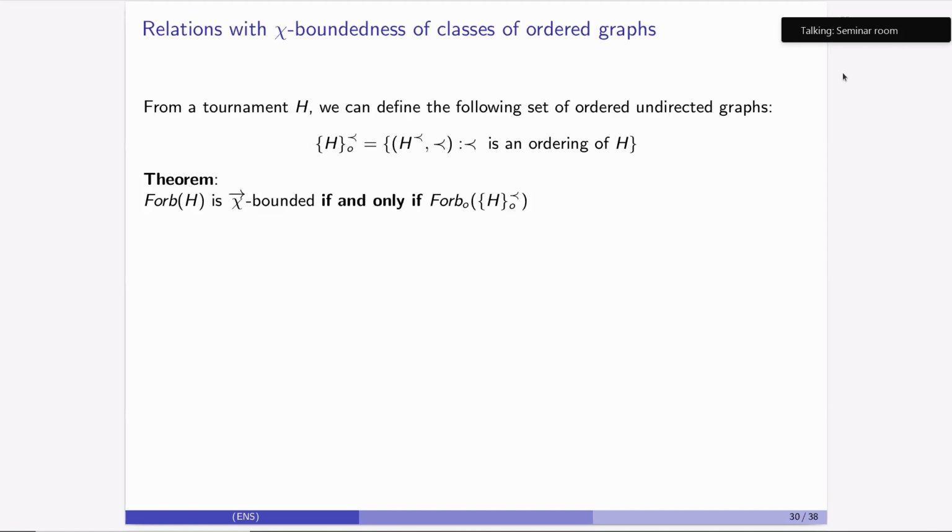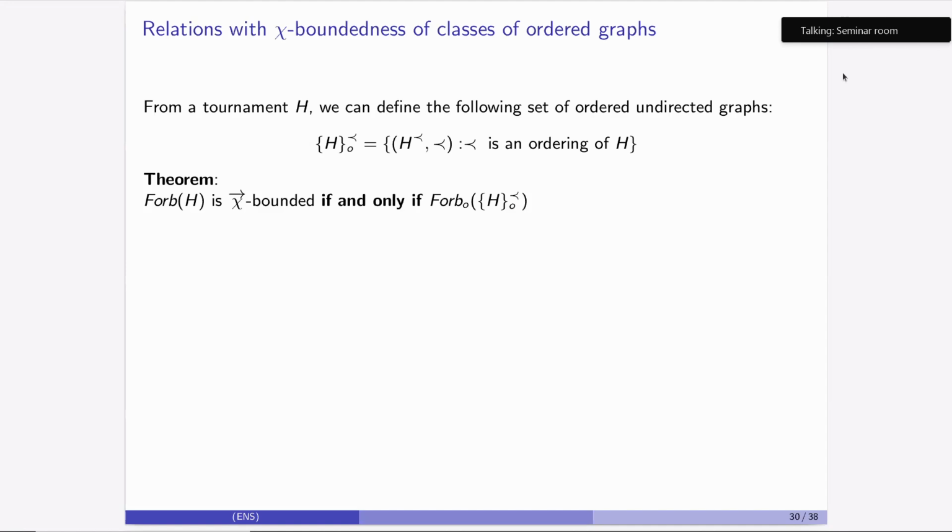And by the fundamental inequality, the direct corollary, we have that Forb of H is chi-bounded if and only if this class of ordered graphs, that does not contain any of the ordered backedge graphs of this guy, is chi-bounded.